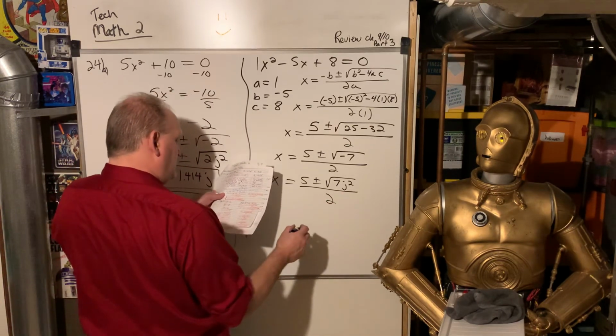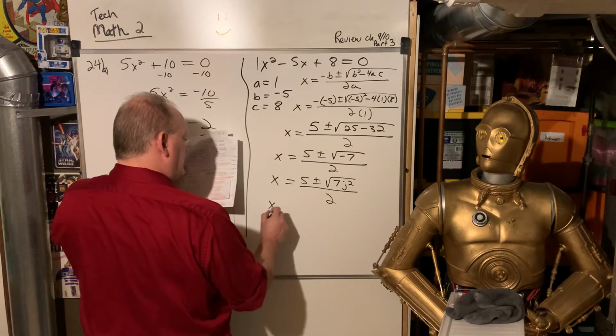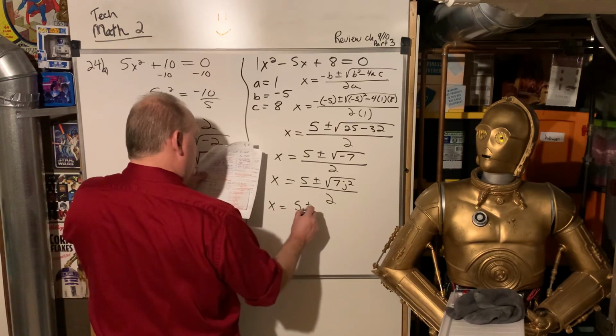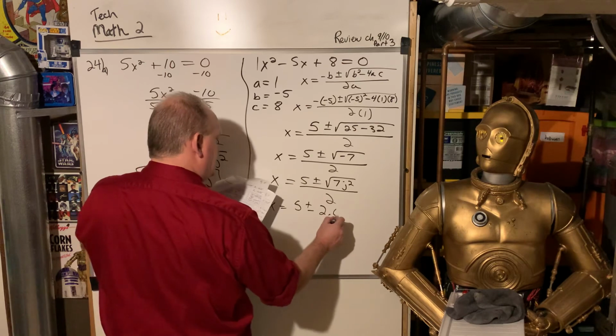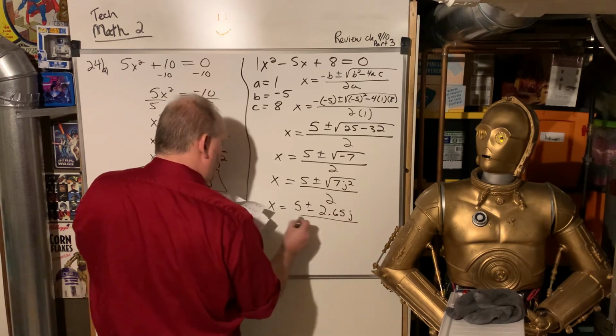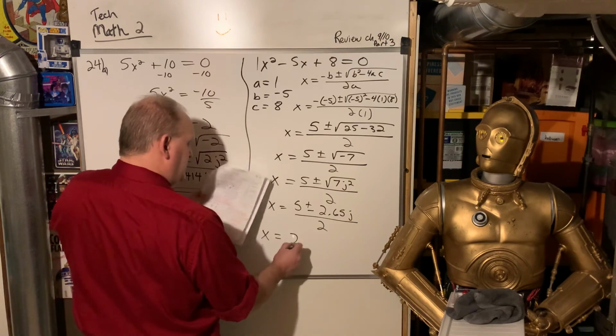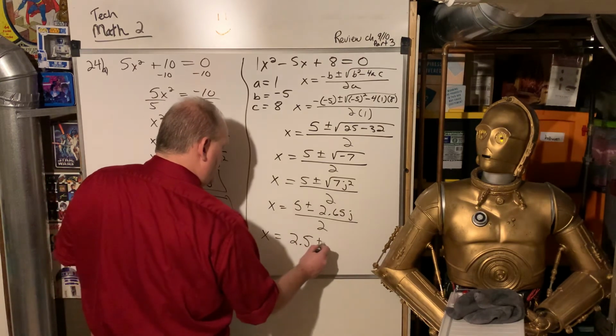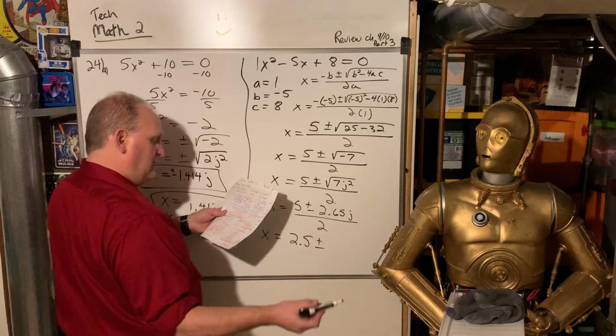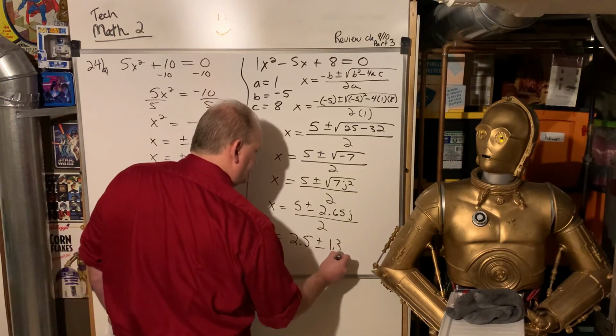Or no, it isn't. It's 2.65. So x is equal to 5 plus or minus 2.65j all over 2. And then if you divide the 2 into both of them, you end up with 2.5 plus or minus 1.325j.